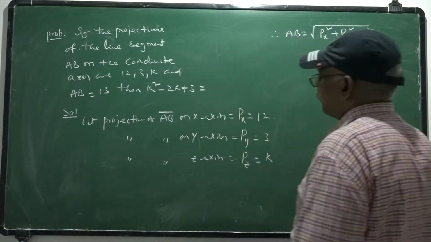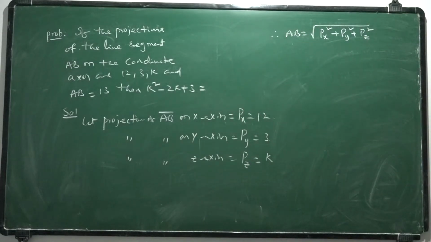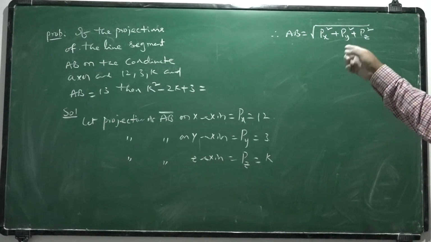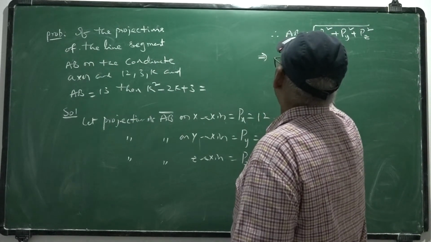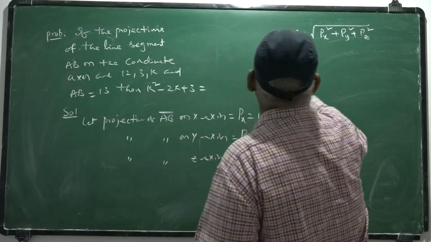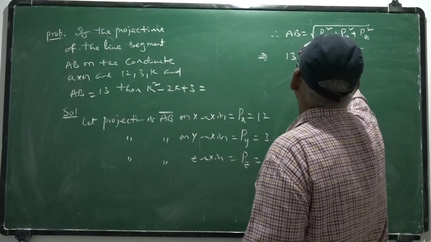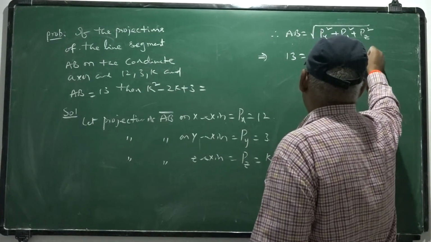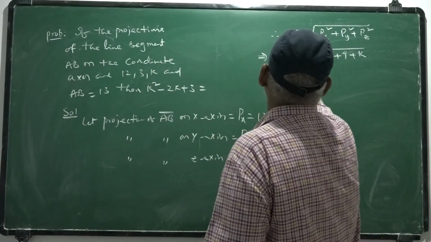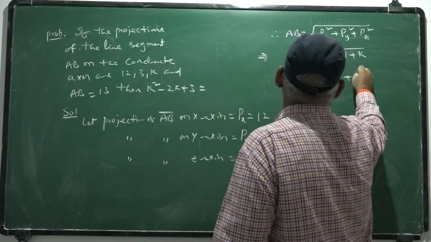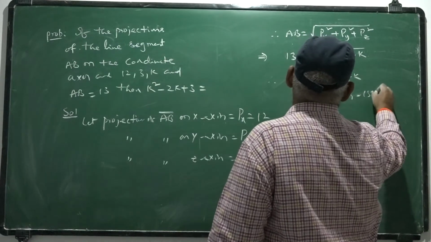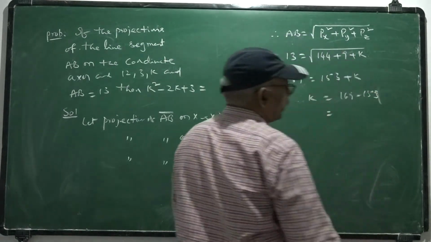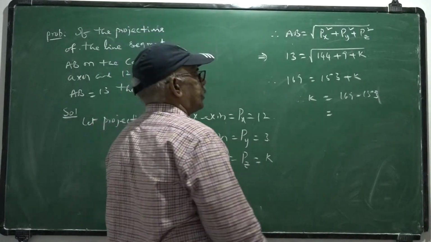This is our formula. Sum of the squares of the projections of line segment on the axes is nothing but the square of the length of the line segment. So AB equal to 13 equals square root of 144 plus 9 plus k square, so 169 equals 153 plus k square. k square takes the value 169 minus 153, which gives us 16 itself.